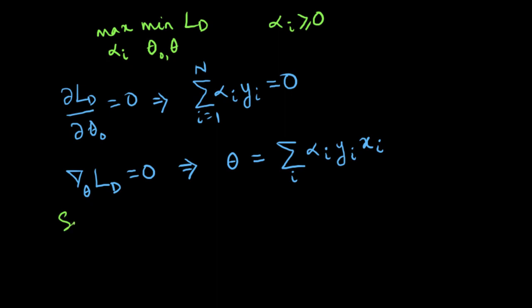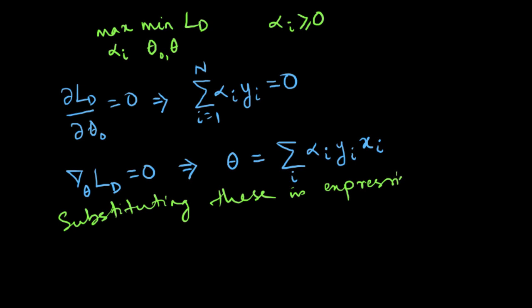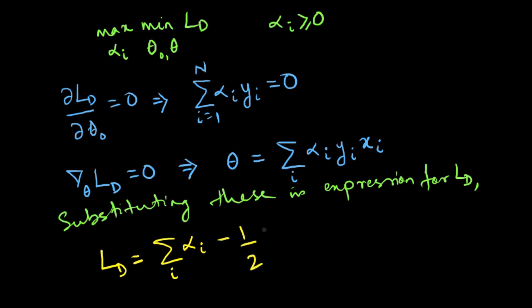So now substituting these in the expression for LD, what we get is that our LD is equal to the summation over all i of alpha i, minus half, summation over i, summation over another index i prime. I'm not working out all the steps, but they are fairly simple. I expect you to do it on your own.